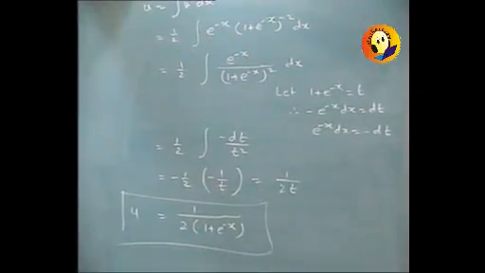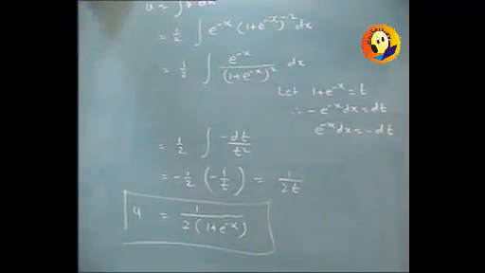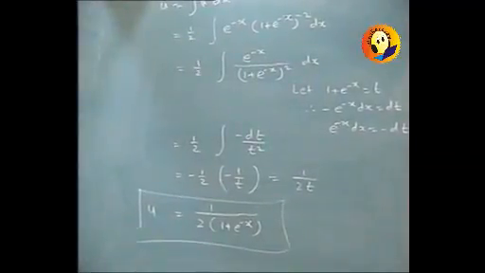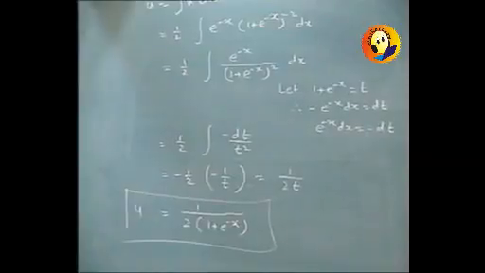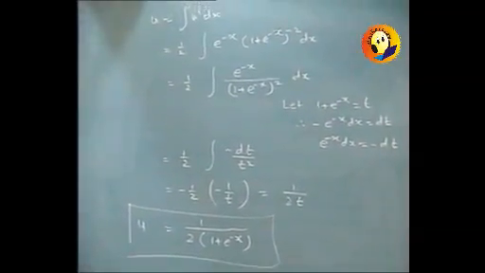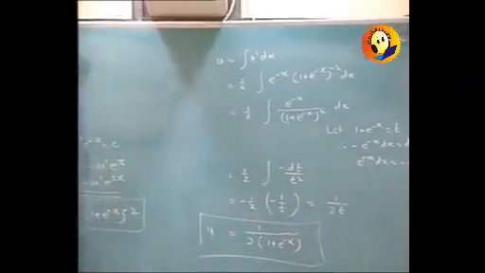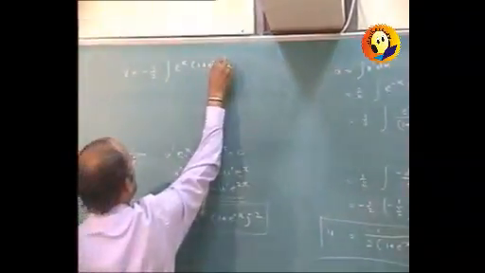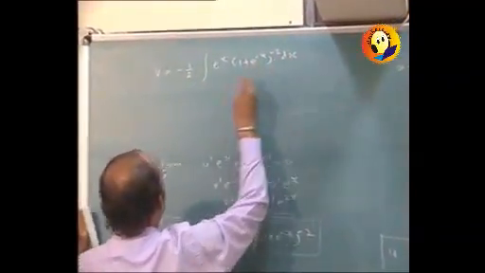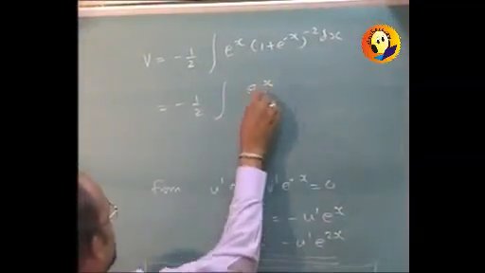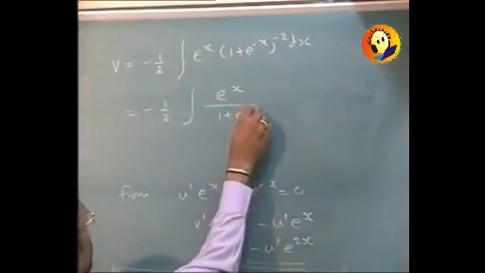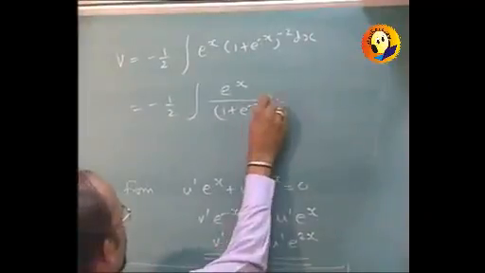And then to find v, v is equal to minus half integral e raised to x into (1 plus e raised to minus x) raised to minus 2 dx, which should be written as minus half integral e raised to x divided by (1 plus e raised to minus x) square dx.